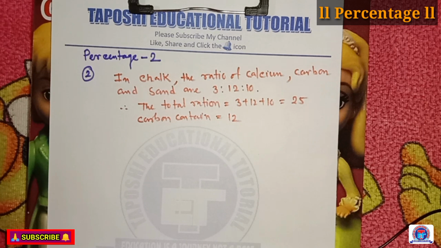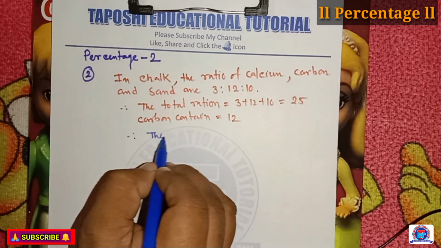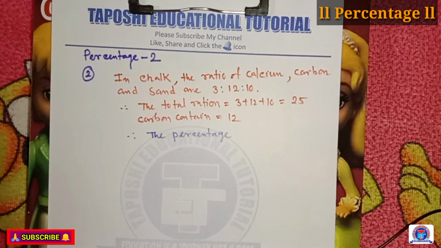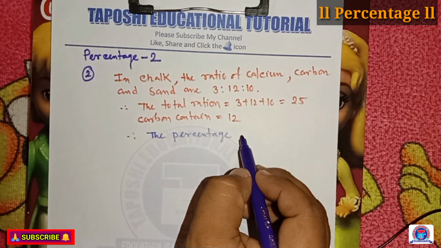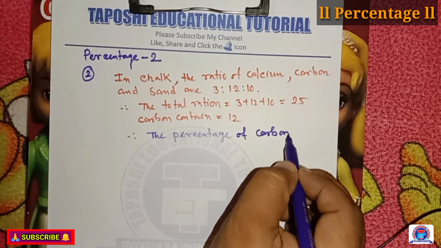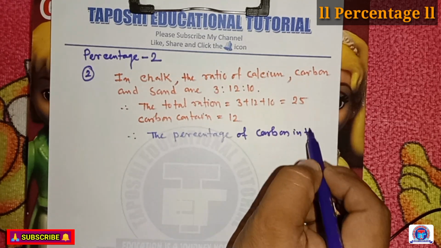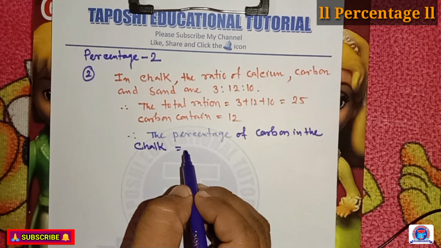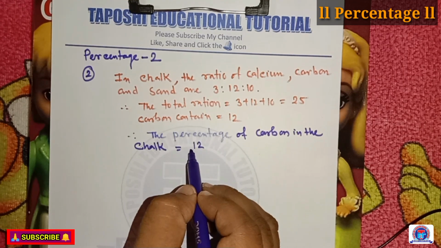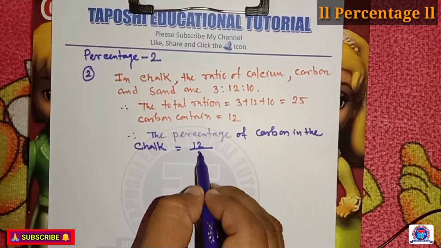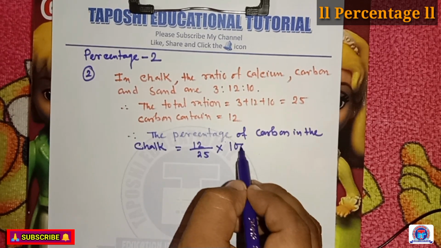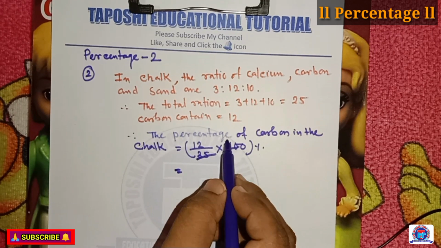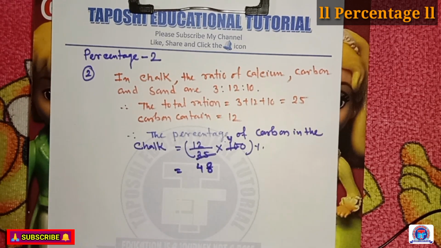So therefore the percentage of carbon in the chalk is equal to, we can write this one, 12 by 25 into 100, which is 48 percentage.